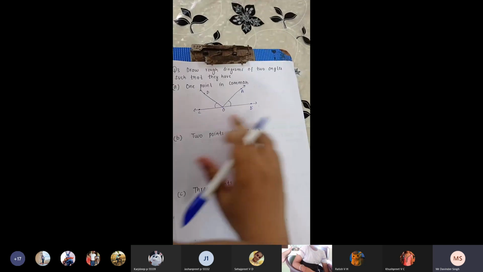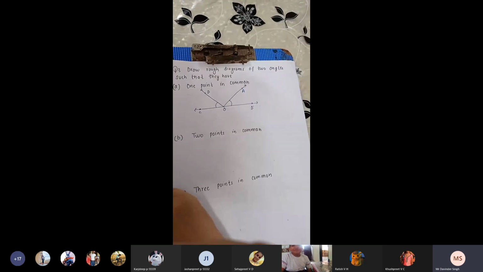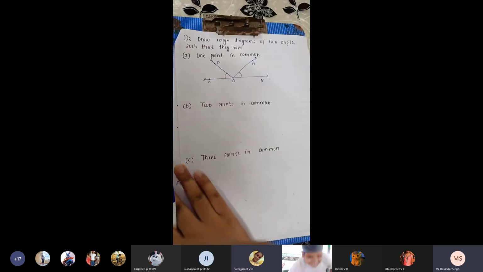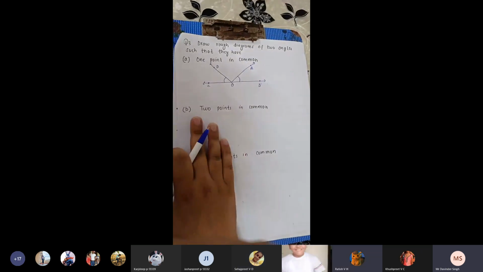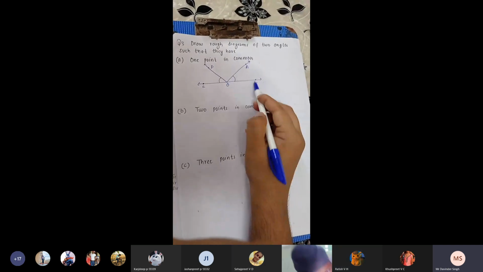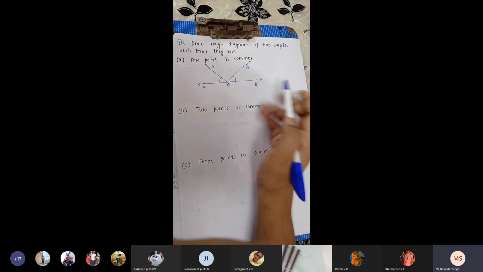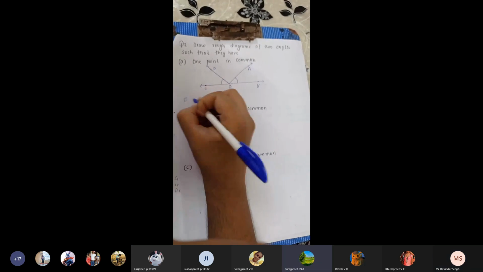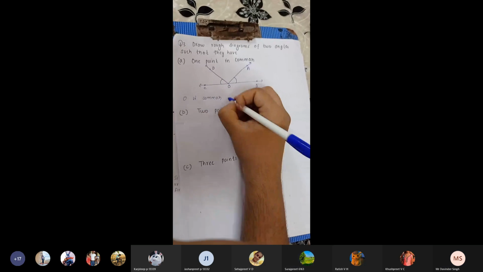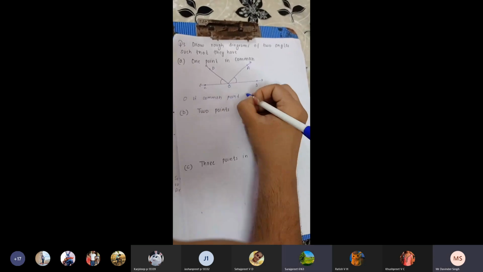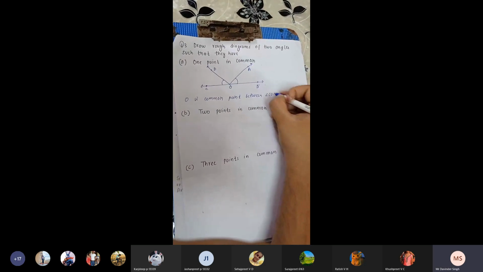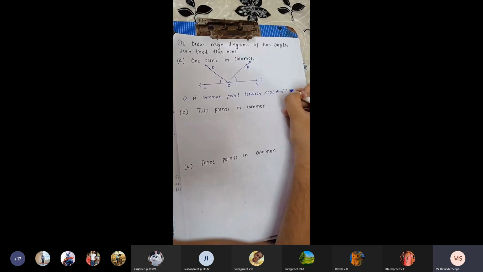So can you name which is the common point between the two angles? Sir, O. O beta. O is common. O is common point between angle COD and angle AOB.